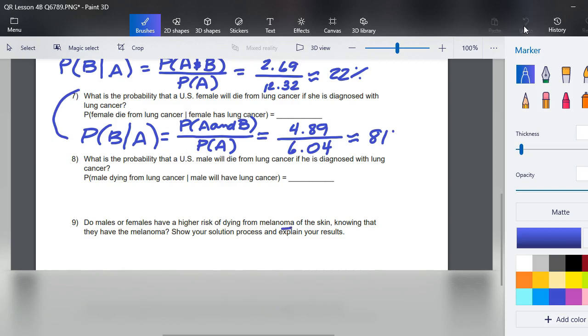Going back to the article, I'm looking for melanoma males and melanoma females. So I'm going to go to males right here. And it's the probability that they're going to die from melanoma cancer given that they already have it.